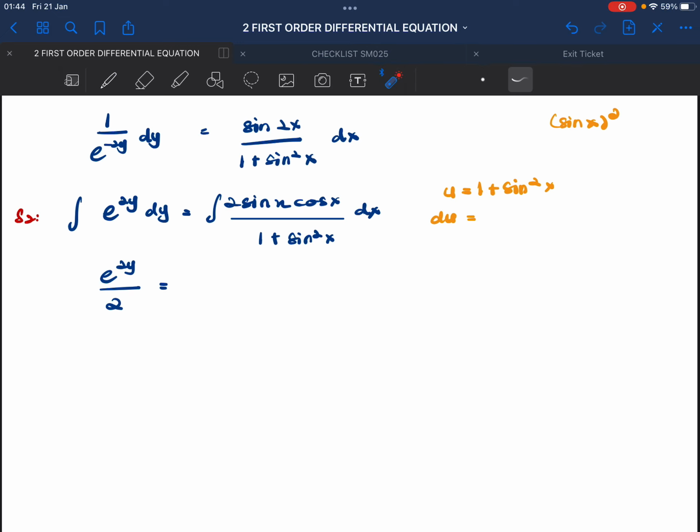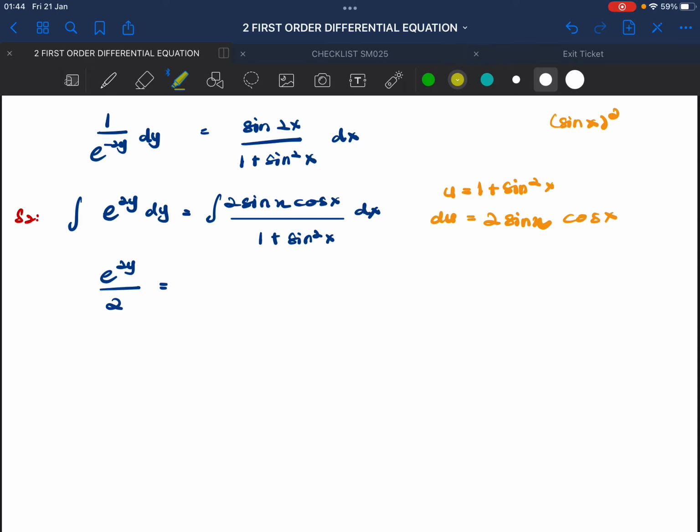So 4 steps, remember differentiate power rule, the power moves to the front. So we copy back sine x, power minus 1, that means power 1, then differentiate the inside. So differentiate sine x, we get cos x. Okay, so that is your du, 2 sine x cos x.